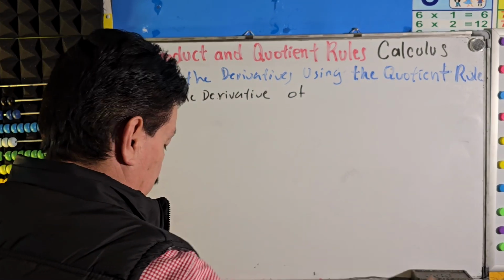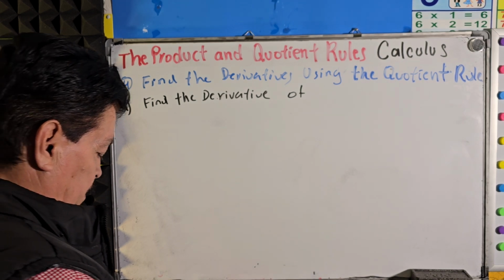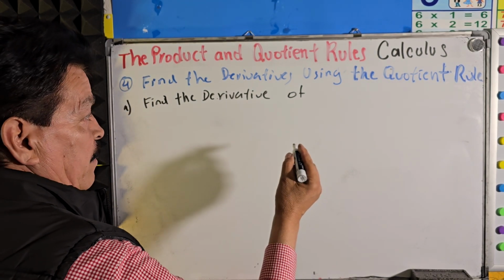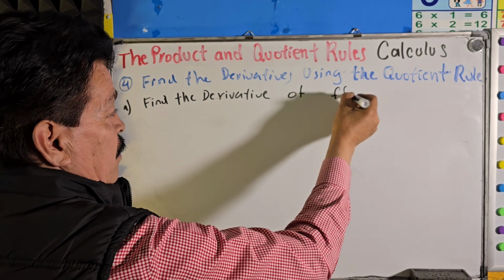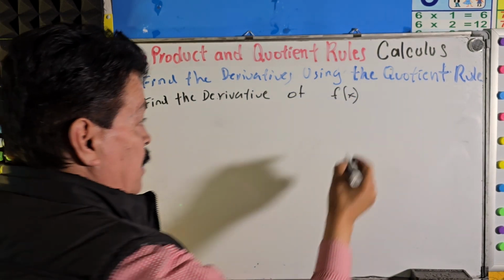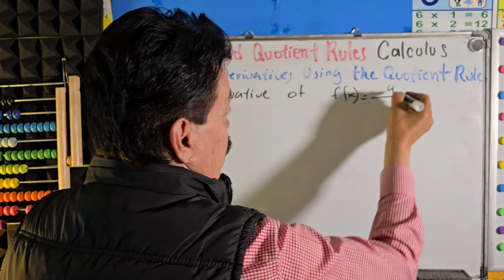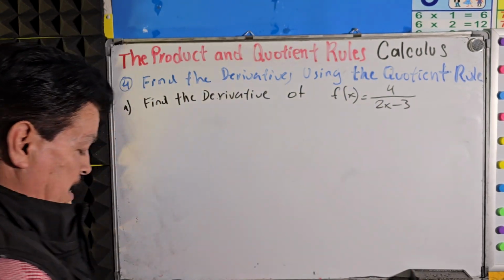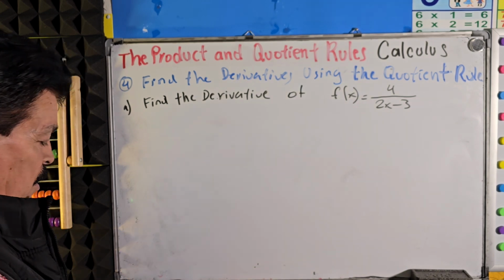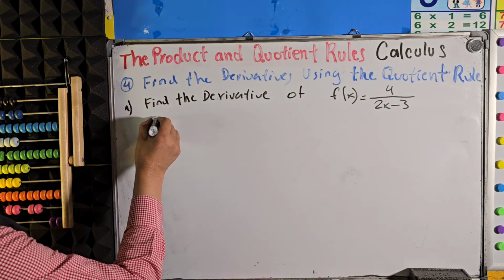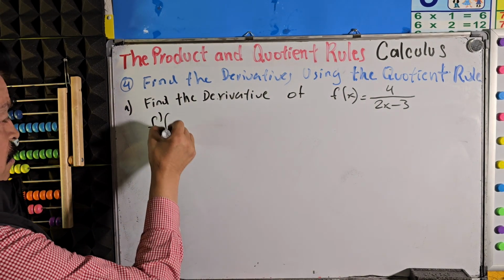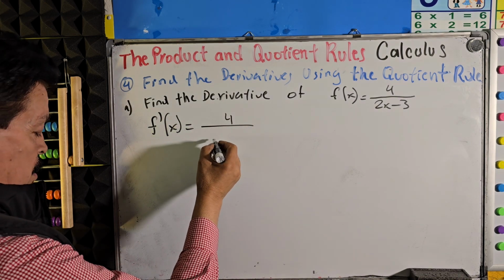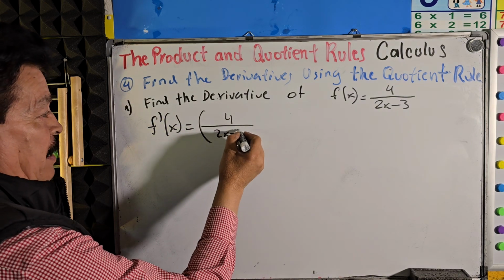Find the derivative of f of x equals 4 divided by 2x minus 3. All right, you have our problem right there. So first step, f prime of x equals the derivative of 4 divided by 2x minus 3.